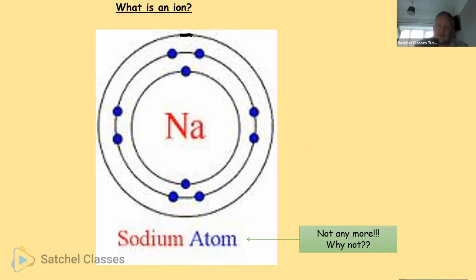This means that sodium is no longer an atom. It now has a full electron shell underneath, and it is electrically and reactively stable. However, it has 1 less electron than it started with. It has lost an electron. So now it's no longer an atom, but a charged particle called an ion.